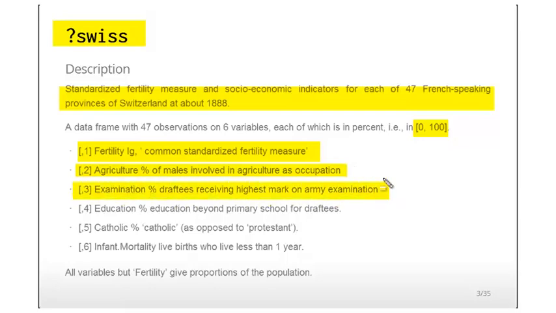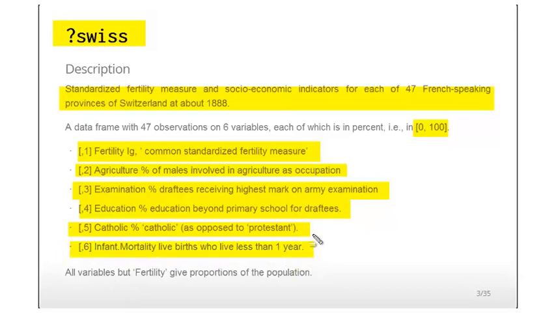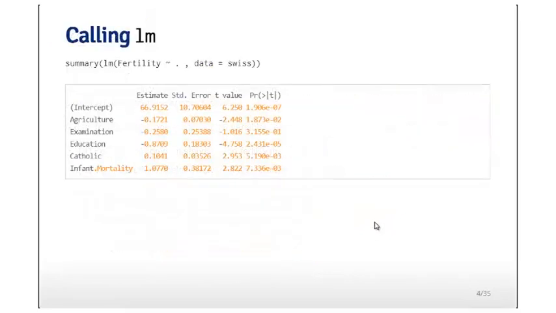We also have the percentage who receive the highest mark on an Army examination, education beyond primary school, the percent Catholic as opposed to Protestant, and infant mortality. All but fertility give proportions. You can do help(swiss) to learn more about that data set, though it mostly just contains that file, and it also gives you some references, I believe.